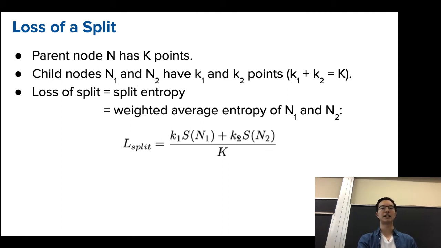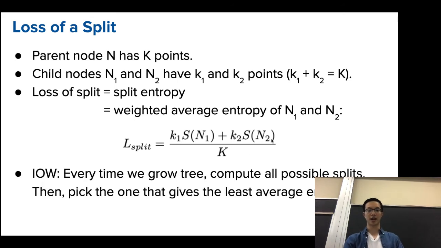The reason why I weight these entropies is that oftentimes we have a lot of points that end up in one node, but not as many points in the other, and we should make sure that the entropy of that node is weighted more heavily than the entropy of the other. So whenever we split a tree, we consider all the possible splits, compute this loss for every split, and then pick the split that gives us the least entropy after we split.